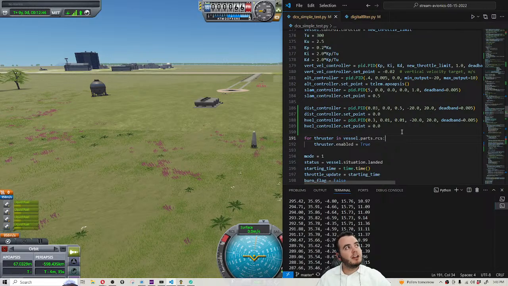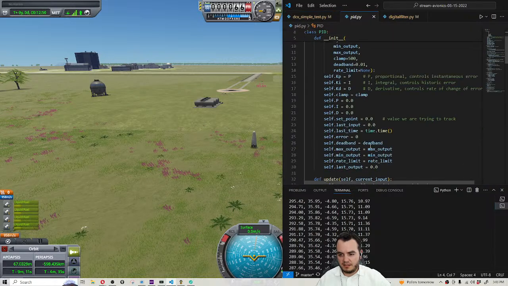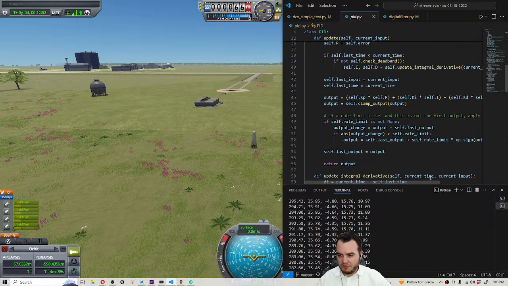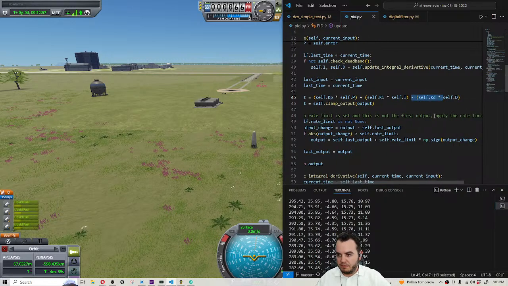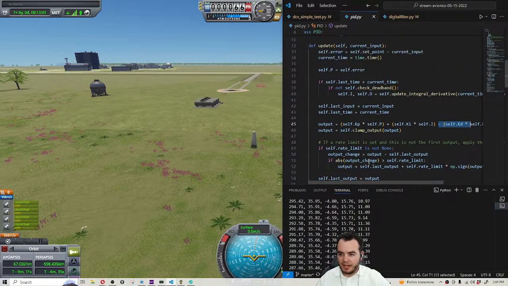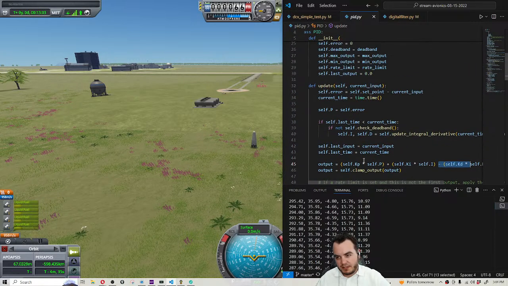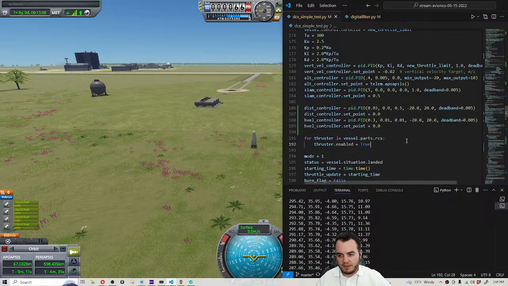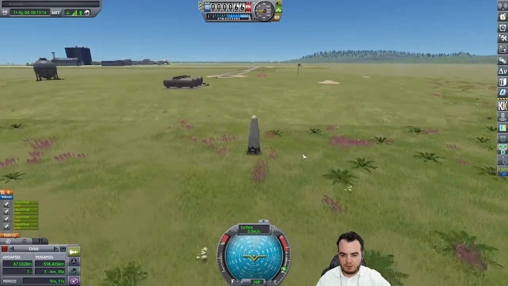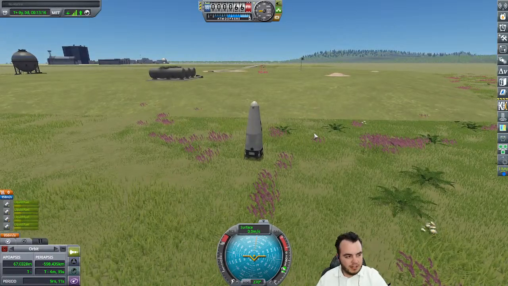Because the derivative term will help prevent an overshoot, and it basically gets subtracted from your output. So yeah, that actually might be what I want. We'll try it and see if that does it. But of course, when you get into having too large of a derivative term, you can get some pretty weird behaviors. But yeah, okay, let's try that again.